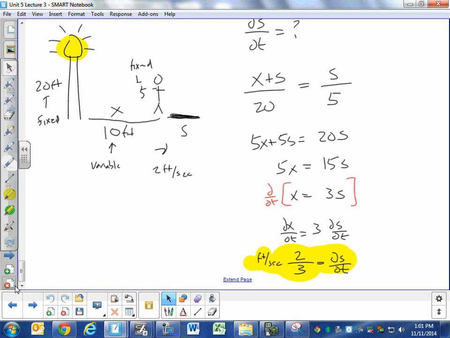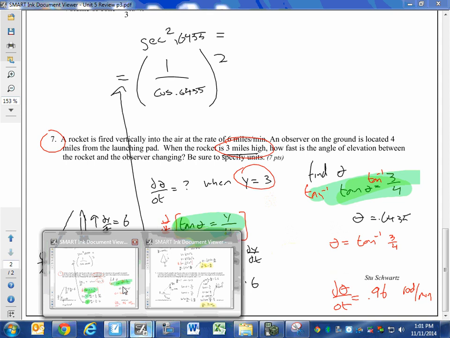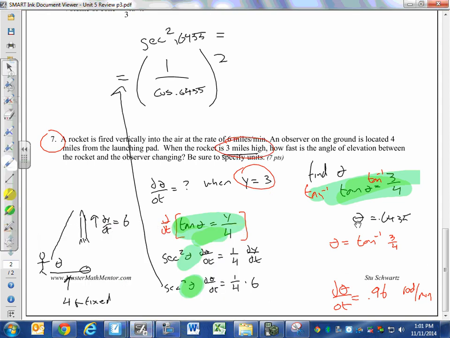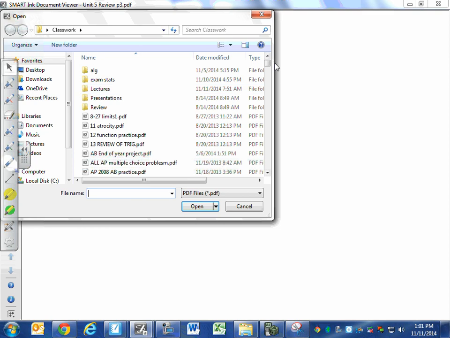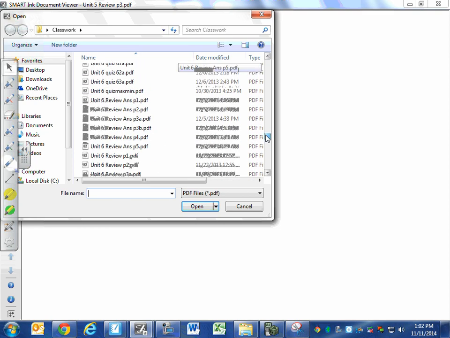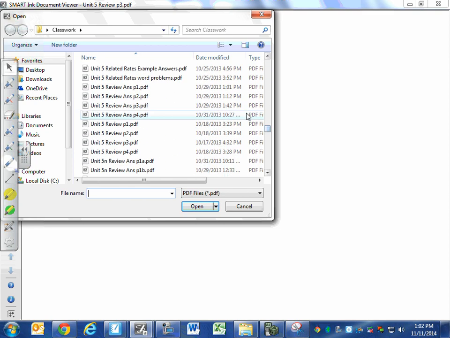Last type of problem before we take our quiz is number 17 on the second section of problems. This is the water running into a conical tank.